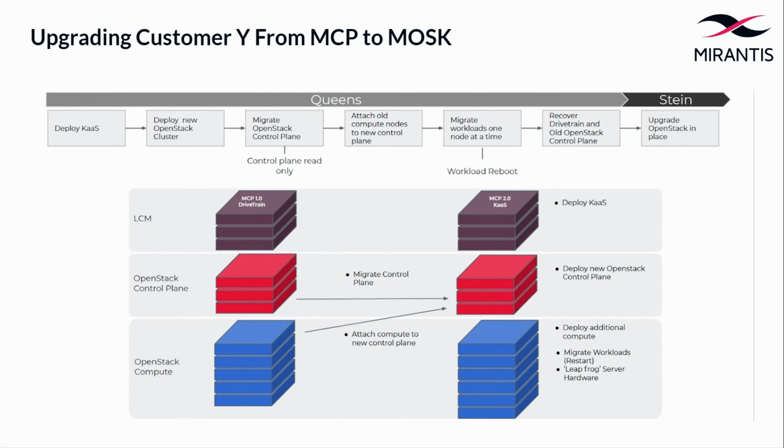The OpenStack control plane migration was literally going to be a transition from one to the other. And then for OpenStack compute, we were going to build the new out and literally lift and shift what we had done originally in the prior version into a MOSK framework. And lo and behold, we were successful.